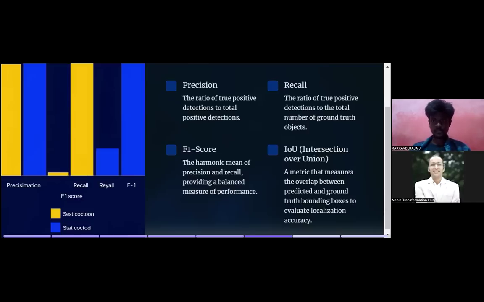The only difference is that this particular algorithm is just checking the overlap between predicted and ground truth. Let's move to the next section.